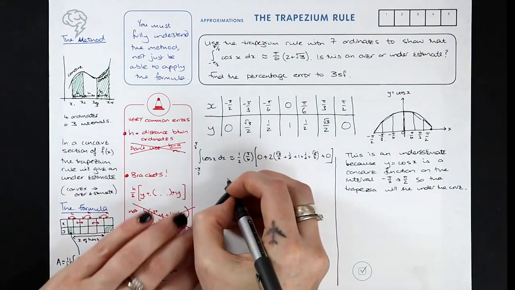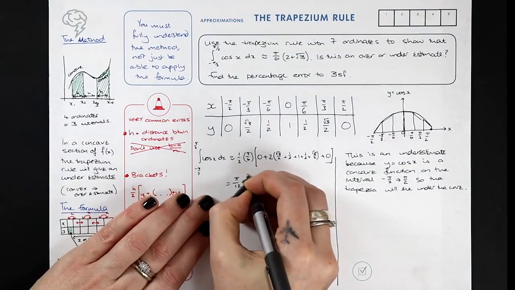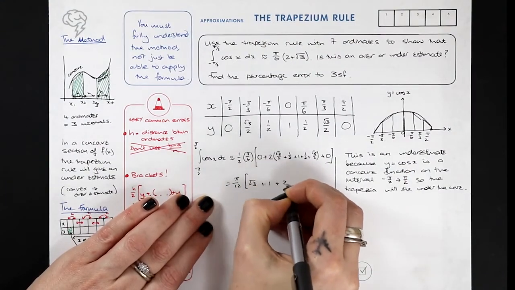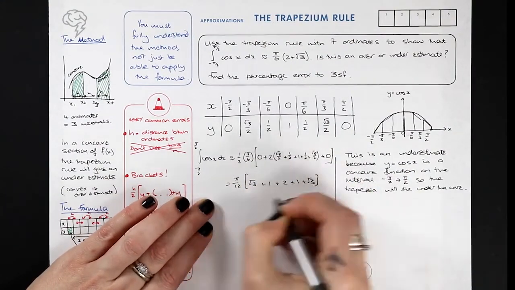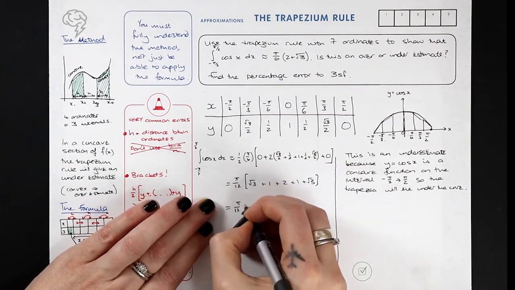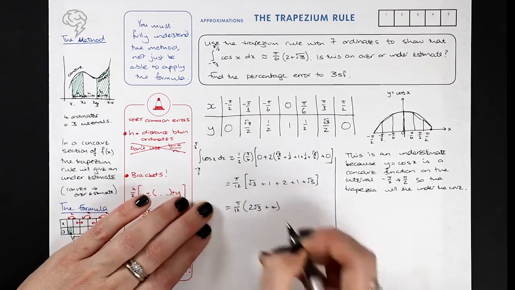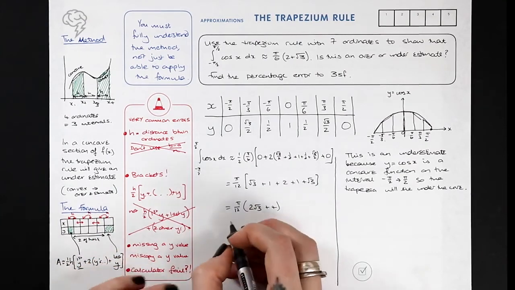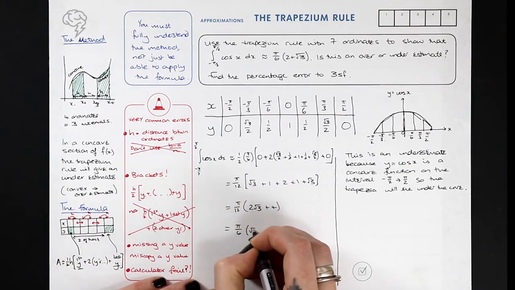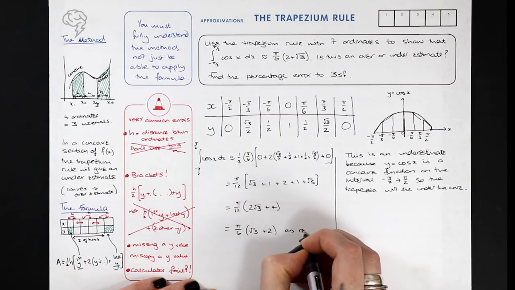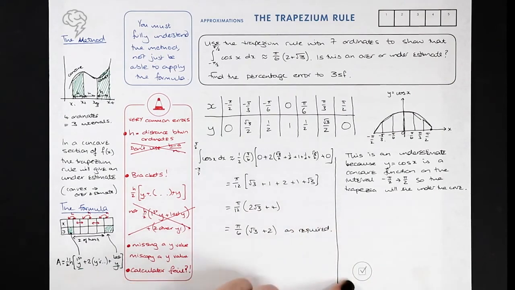Okay, it's a show that, so I'm going to go nice and slowly. You go too fast on show that, you're not going to get any marks, because it could just look like you've just written it down. Okay, let's pull a 2 out of here. And we're done.